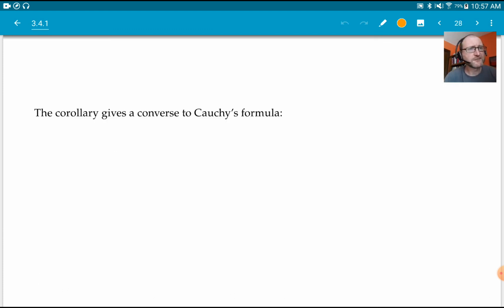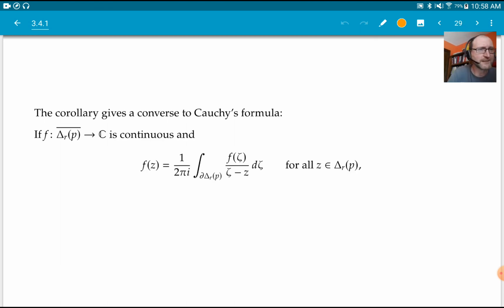Now, maybe this is not as useful as it may seem, but it gives a converse to Cauchy's formula. Cauchy's formula should only work for holomorphic functions. It might be a little obvious, but it's basically because we know that the Cauchy transform is always holomorphic.